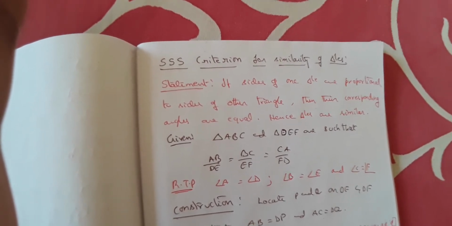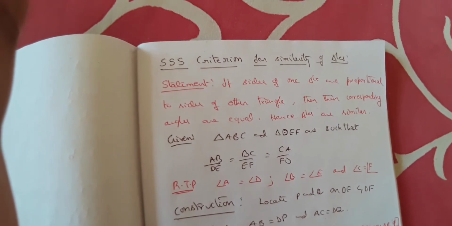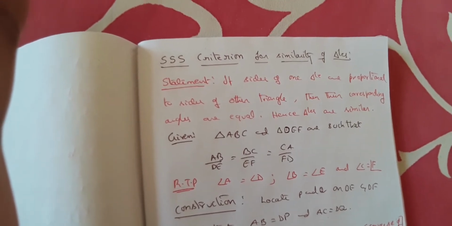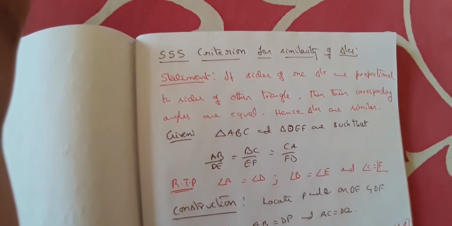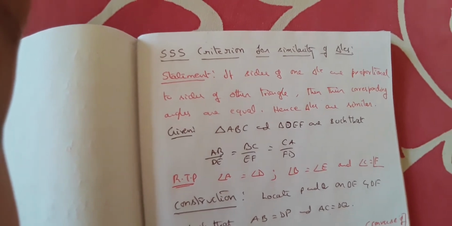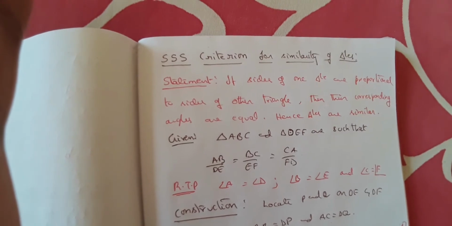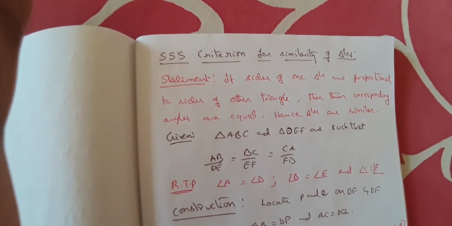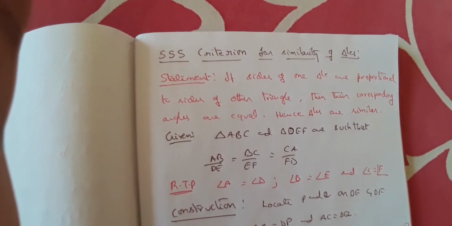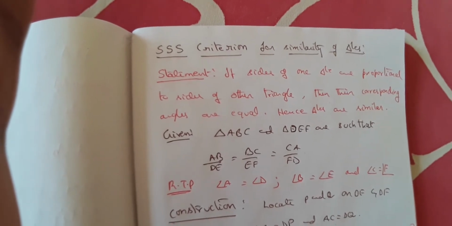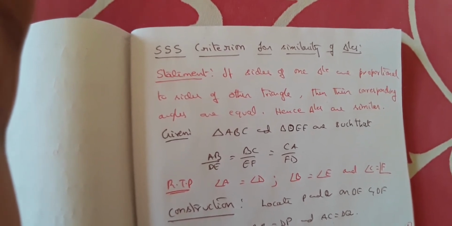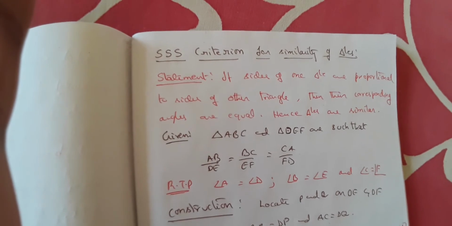Now we are going to use that law along with the basic proportionality theorem and the converse of the basic proportionality theorem to prove the SSS criterion. S means side. So when three sides are proportional, the statement states that if the sides of one triangle are proportional to the sides of the other triangle, then their corresponding angles are equal.